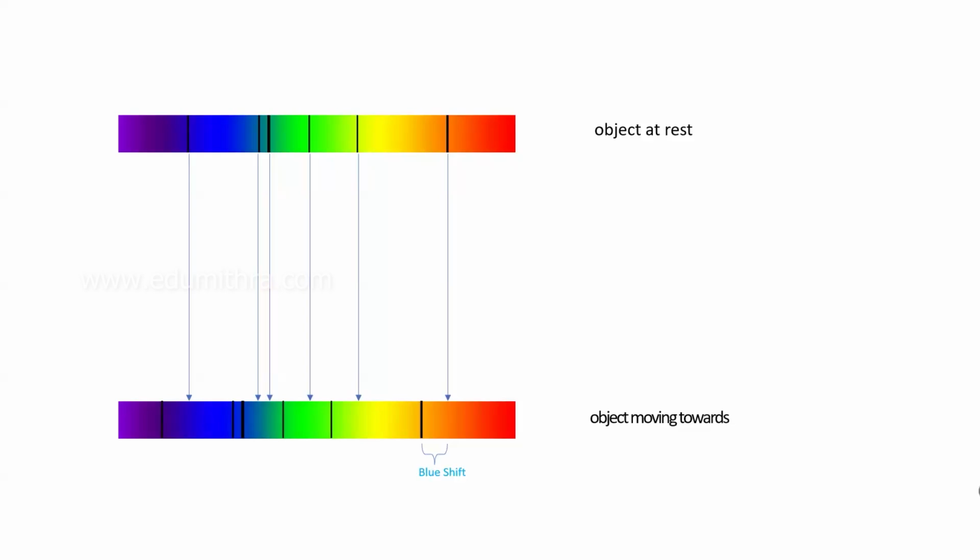So astronomical objects for which we know the real total energy emitted are called standard candles, and one of them is the Cepheid variables, and the other is the type 1a supernova.